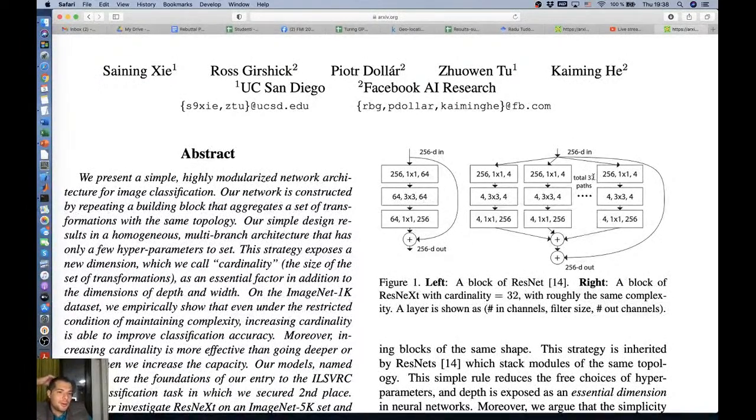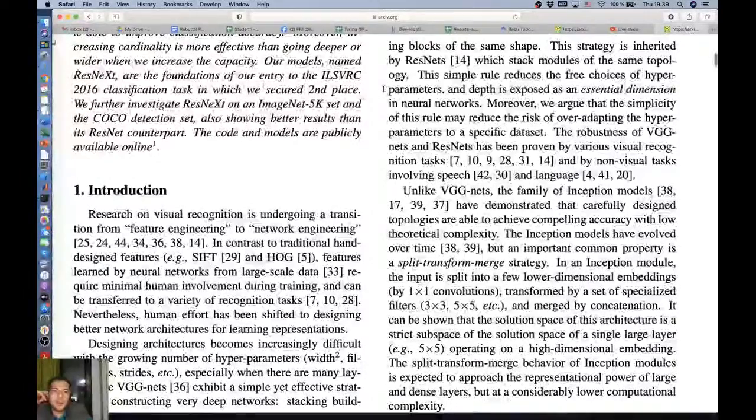So it has 32 pathways, but these are actually separated. You see here that the number of filters and the filter configurations are the same, but they only have a few filters here. So these are more separated. This seems to be a useful design choice to further improve results.